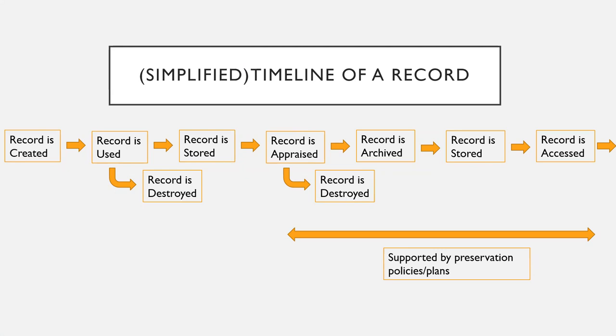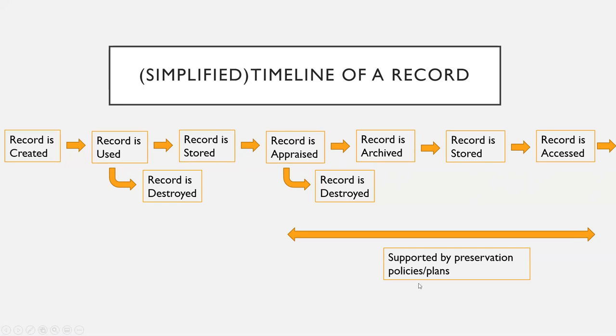The records may be offered back to the donor or the creator of the records, and they may destroy them or keep them. But again, we're going to keep things kind of simple here. Okay, and then once the record has been appraised, it's brought into the archive. Various actions are performed on the record. The record is then stored, and the record is accessible into the indefinite future.